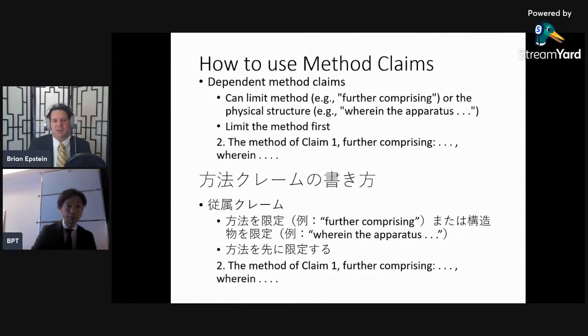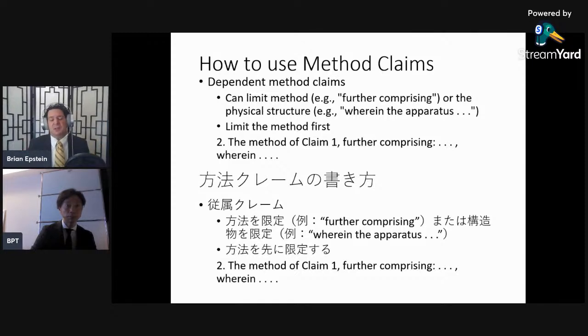So that's what this example is showing, claim 2, the method of claim 1, further comprising, wherein, and so on. And this avoids an issue where an examiner might not give your wherein clause some patentable weight. If you have the further comprising later in the claim, it's a little bit risky.